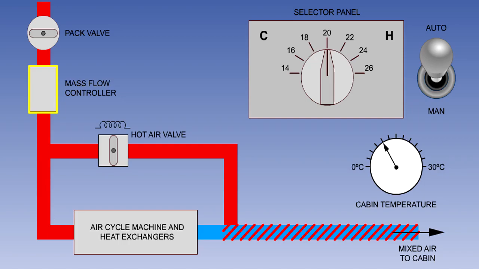The pack flow control valve may incorporate a mass flow controller, or it may be a separate unit. The mass flow controller is fitted to ensure that a constant mass flow of air is supplied to the air conditioning packs, regardless of the engine RPM or intake air pressure. This helps to make control of the aircraft pressurization much easier.